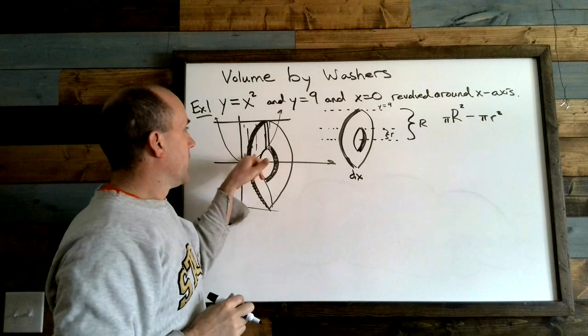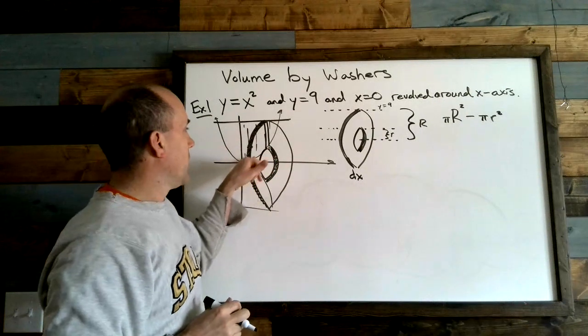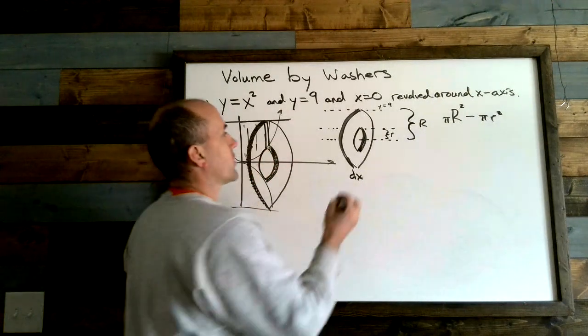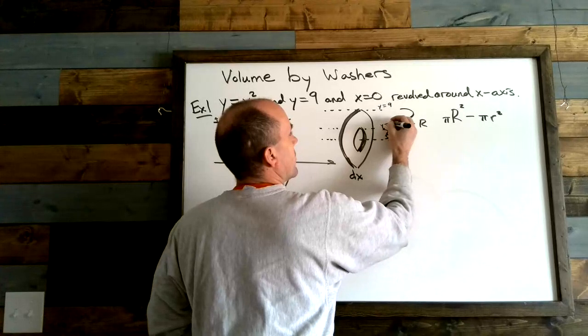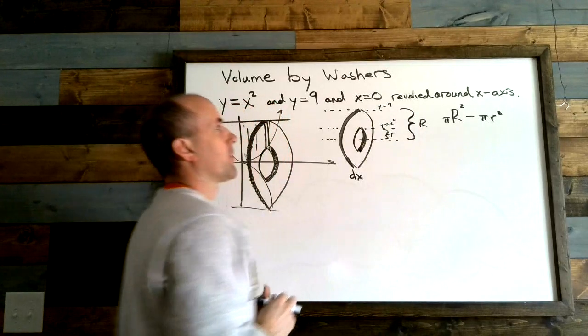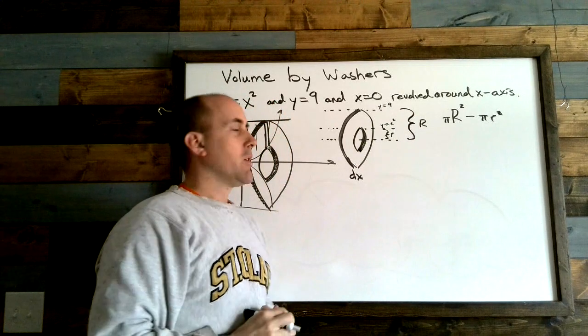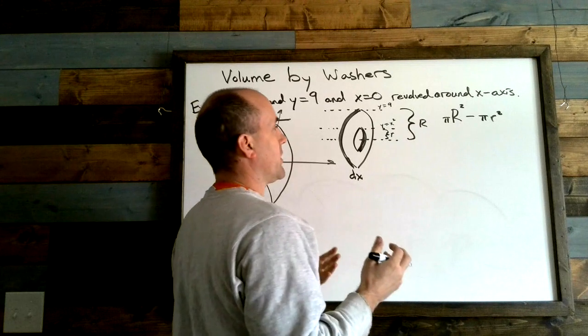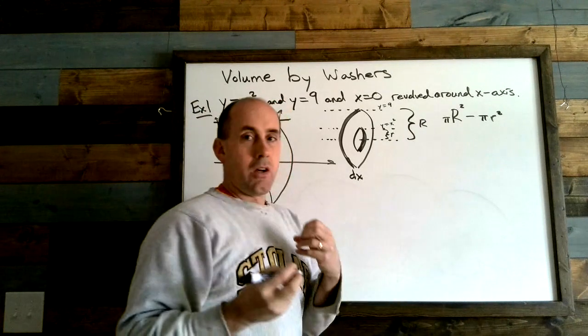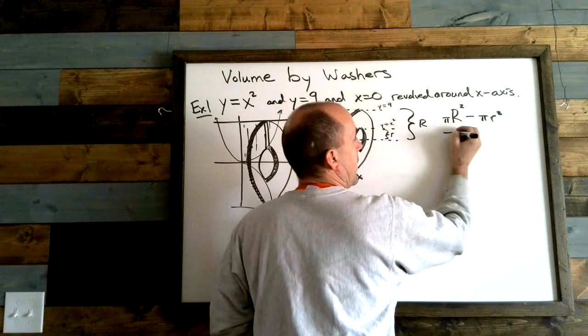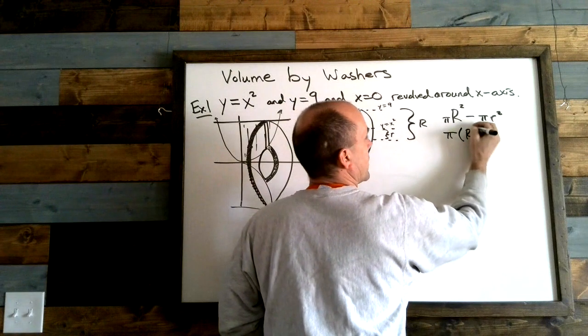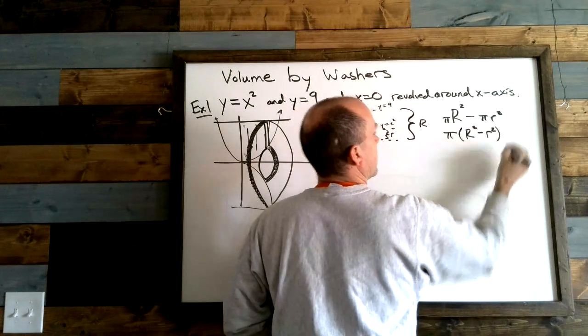What makes up this smaller inner part here? Well, that would be x squared. y is equal to x squared. So when you work this out, we can factor out the pi, so pi times big R squared minus little r squared.